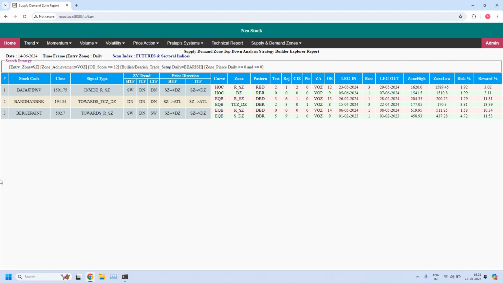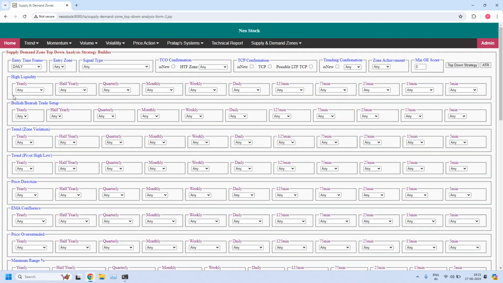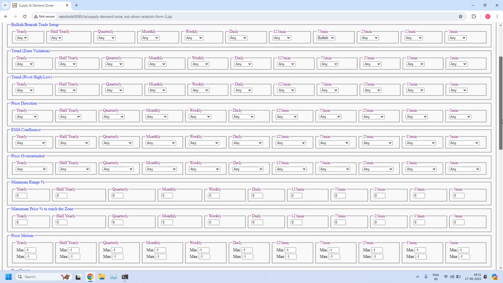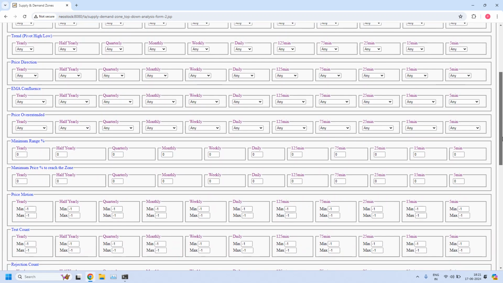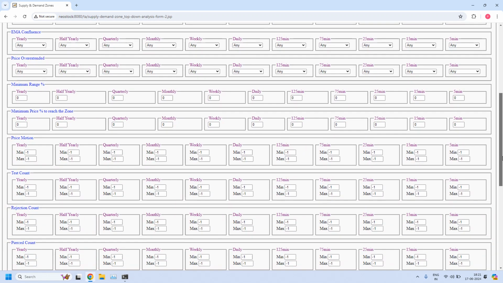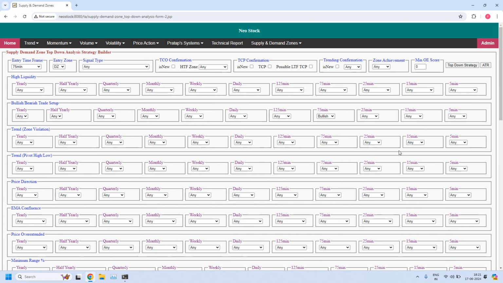Now let me generate for weekly income trade. For weekly income trade, entry time frame 75 minutes, bullish trade setup should be demand zone in bullish or bearish trade setup. In 75 minutes time frame, selecting bullish, and in pierced count in 75 minutes time frame, minimum value 0, maximum value 0.